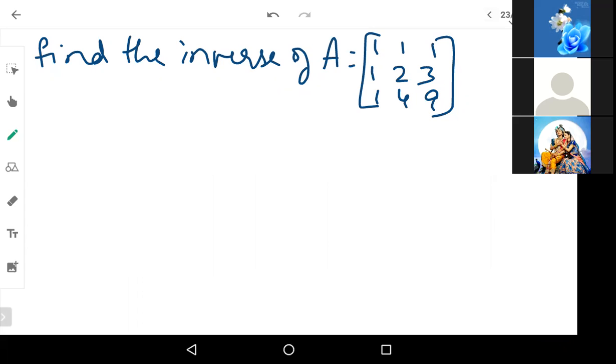Any doubts in the inverse? Any part of it you want me to explain again? Carefully go through your classwork once. Go through your complete classwork of inverse concept.